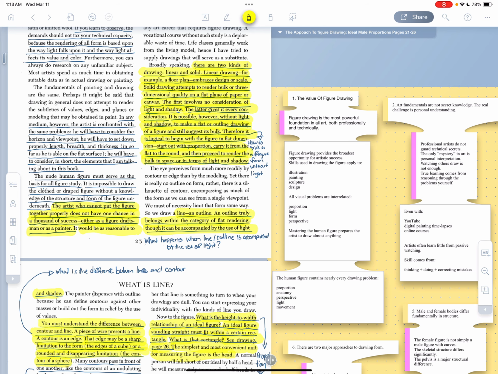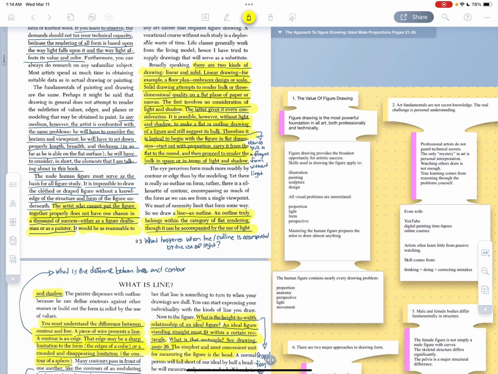There are two kinds of drawing: solid and linear drawings. Linear drawings, for example, floor plans, embrace design or scale. Solid drawings attempt to render bulk or three-dimensional qualities on a flat plane of paper or canvas. The first involves no consideration of light and shadow. The latter gives every consideration.